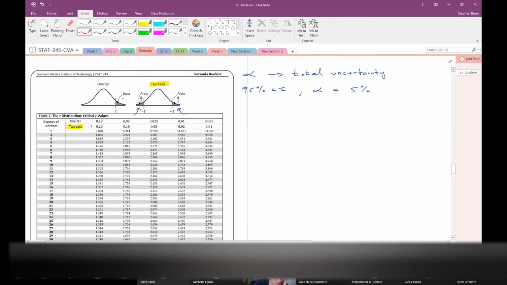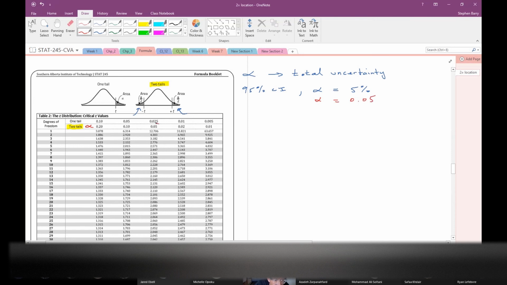They don't write that on there. If I didn't know any better, I would make the same mistake students make and assume that this is alpha over 2, but it's not. It's alpha. So the alpha value I'd be looking for, 5%, is the same thing as 0.05.